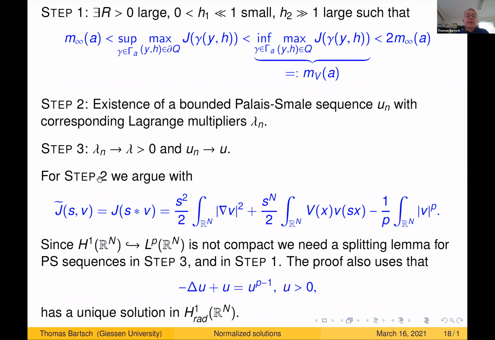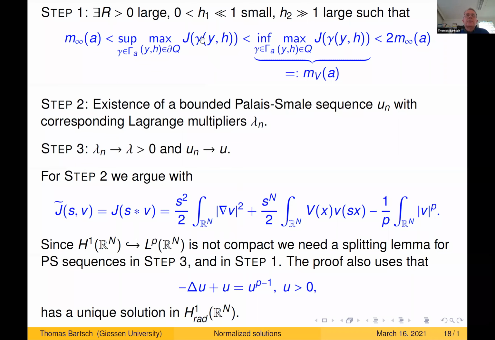And actually, this is already needed in this setting for step 1. And we also use that this problem here has a unique solution in H1 radial, a positive radial function. So this argument is more complicated, but the sketch of the proof is similar to the case without the potential. But as I said, the argument is subtle.